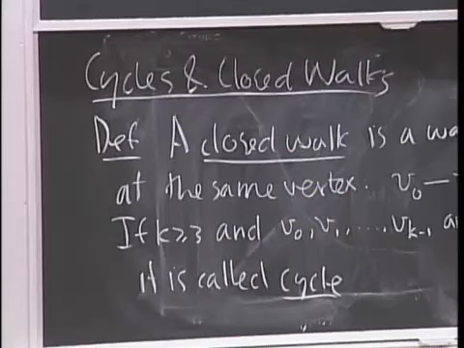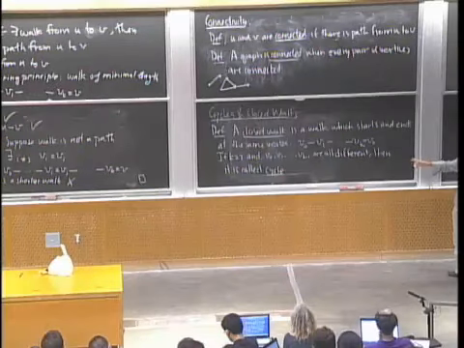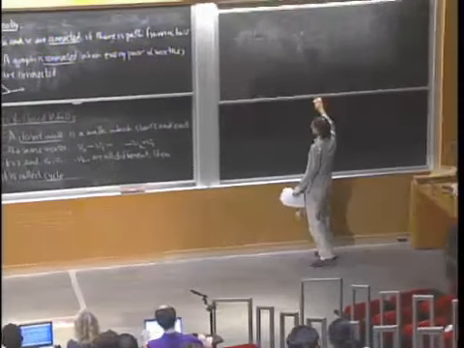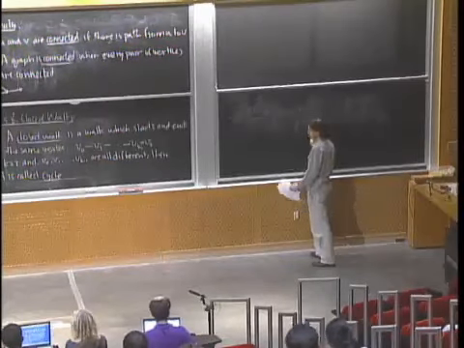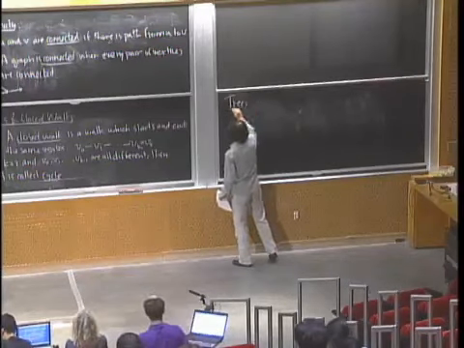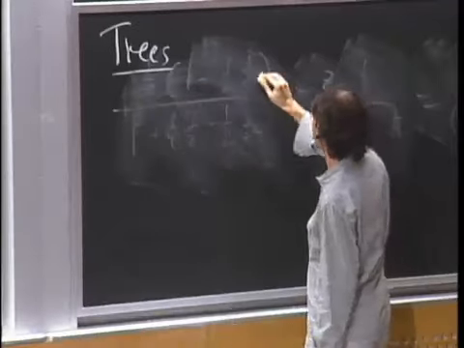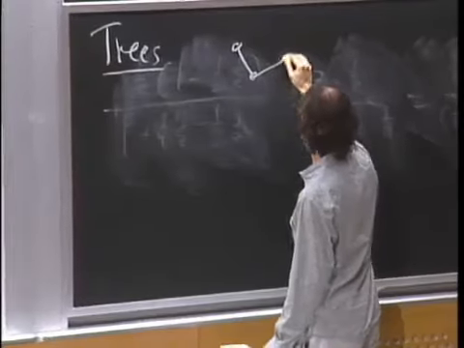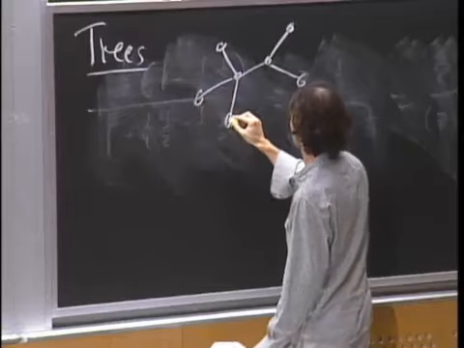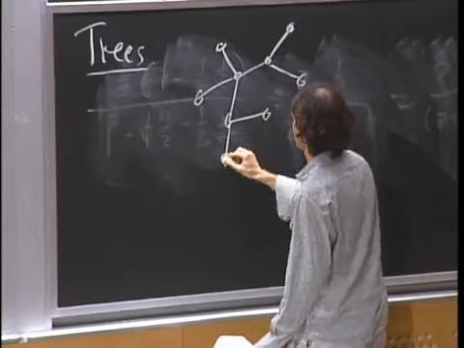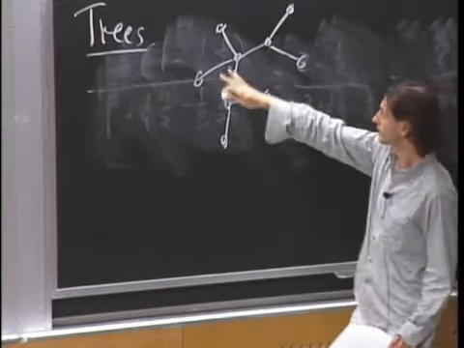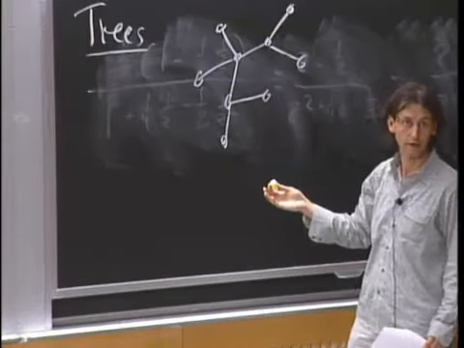So these two concepts, connectivity and cycles, will help us to define trees. So what are trees? A simple example is something that looks like this, for example. The idea is that a tree is both connected and it has no cycles.